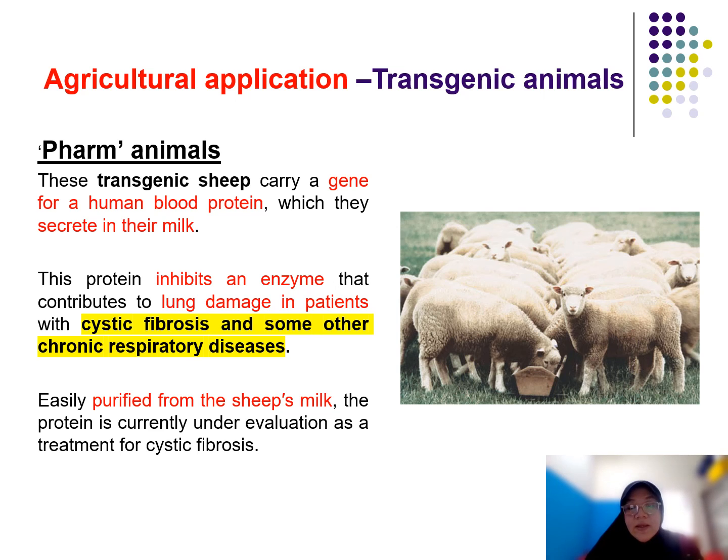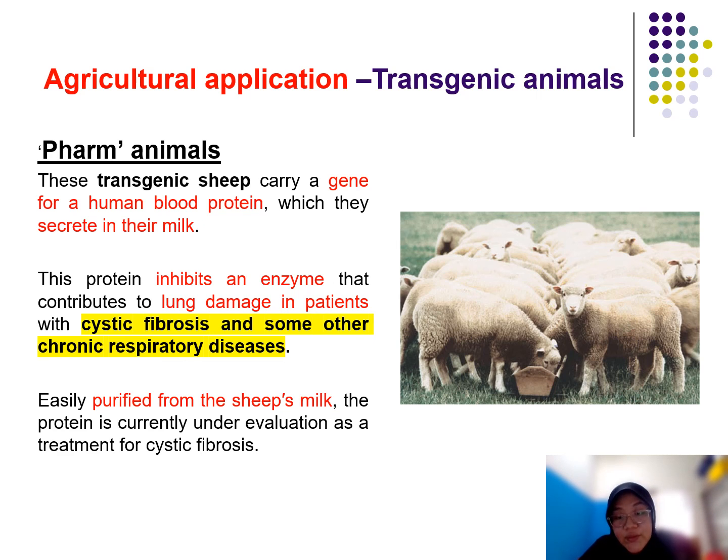Which causes production of thick phlegm or thick fluids in the respiratory tract. So by having this protein from the farm animals, it will inhibit the enzyme that causes the disease. That is why we call them farm animals, giving pharmaceutical value based on their production.